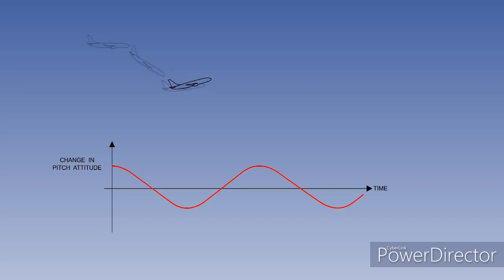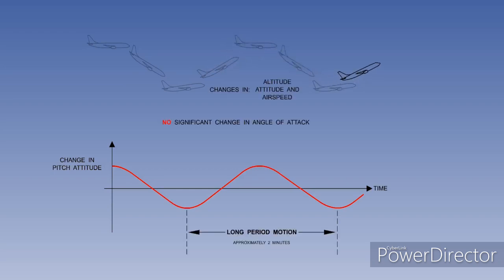The phugoid is a gradual interchange of potential and kinetic energy about some equilibrium airspeed and altitude. The period of oscillation is between 1 and 2 minutes, so is easily controlled by the pilot. There are changes in altitude, attitude, and airspeed, but there is no significant change in angle of attack. Damping in the phugoid is weak.